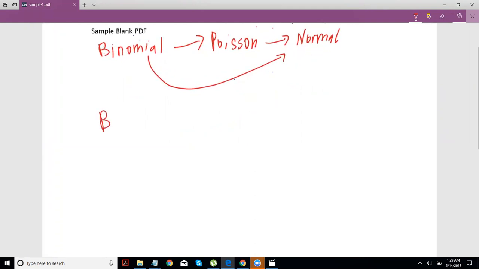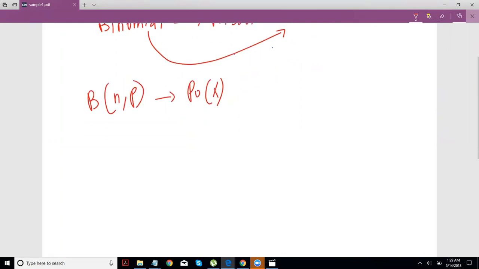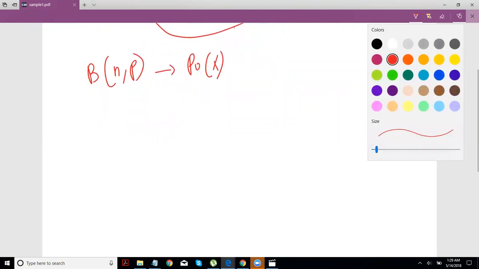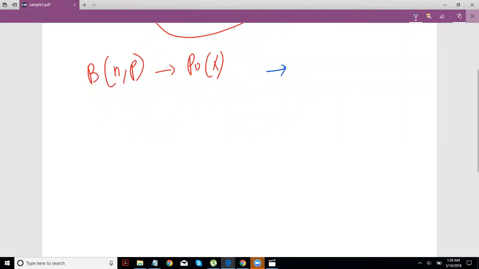So if you want to go from binomial, let's say you have a distribution that is binomial, so you have n and p, and you want to go to Poisson where you will have lambda. Again, lambda is mean, so the conditions for this is that n has to be greater than 50, so it's large enough, and np has to be less than 5.